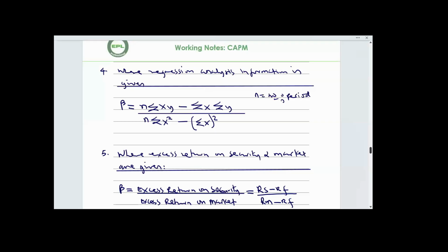It could be in months or days or years. Then x simply means return of the market, or market return. Then y is return of security. So I've defined all the variables.